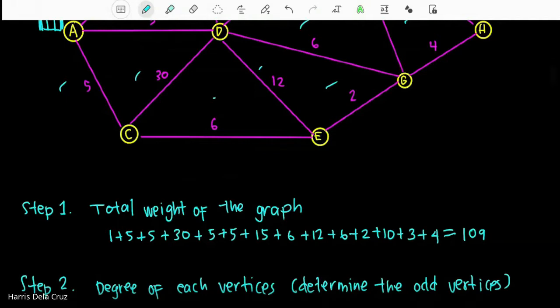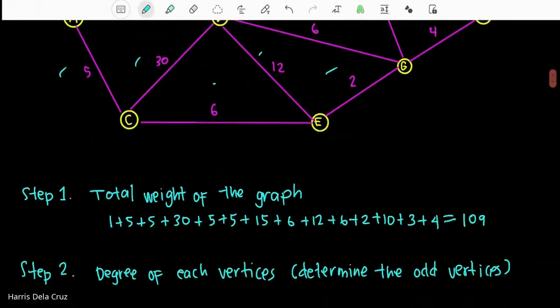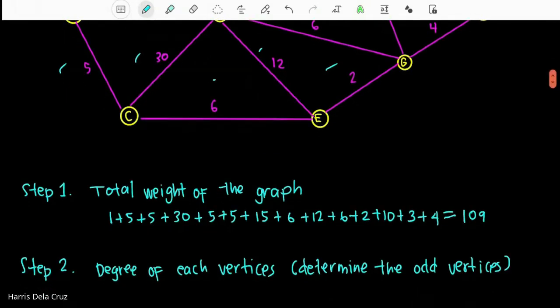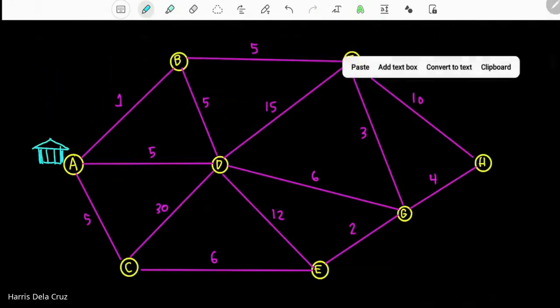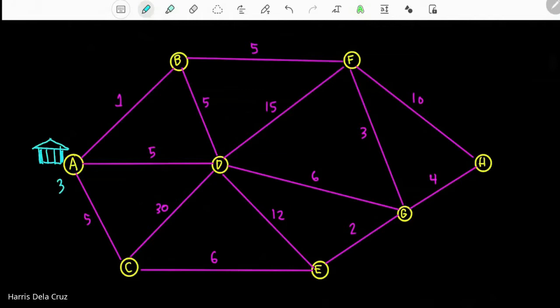So the next step is to find the degree of each vertex for us to determine if we have odd vertices. Starting from the post office, A, we have 3. Vertex B is odd with 3 edges connecting to it. Vertex C is also odd, 3 edges. Vertex D has 1, 2, 3, 4, 5, 6 edges connected to it.